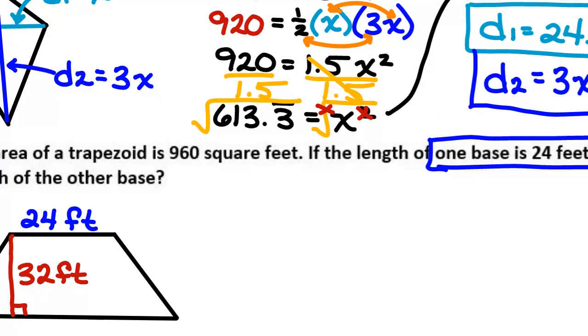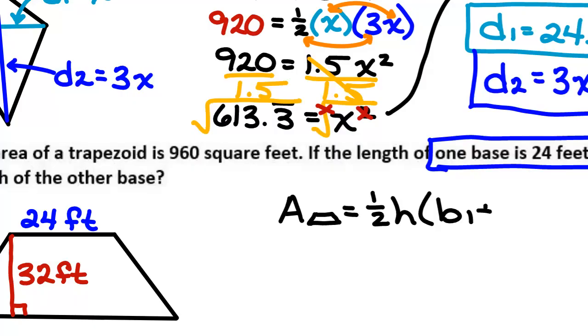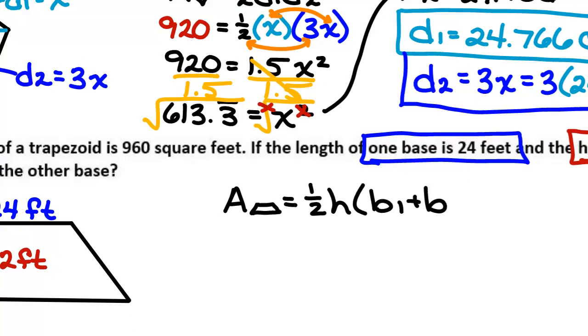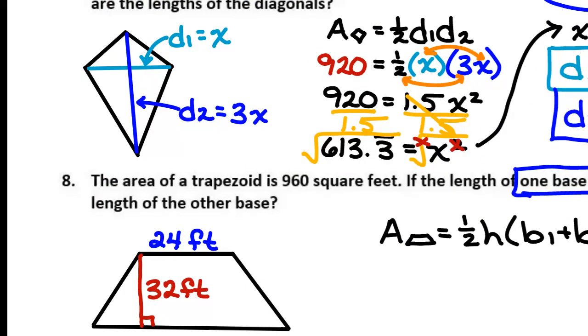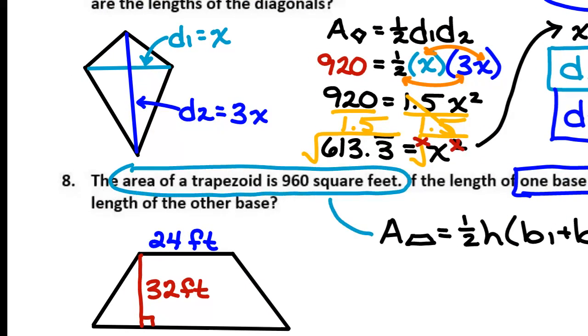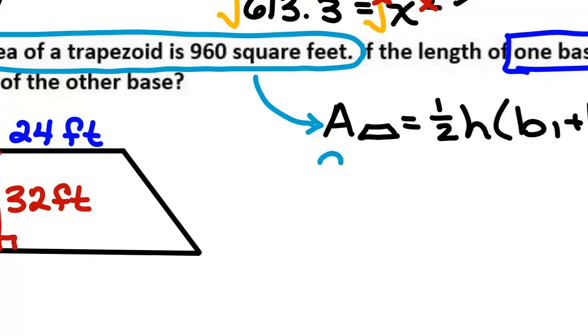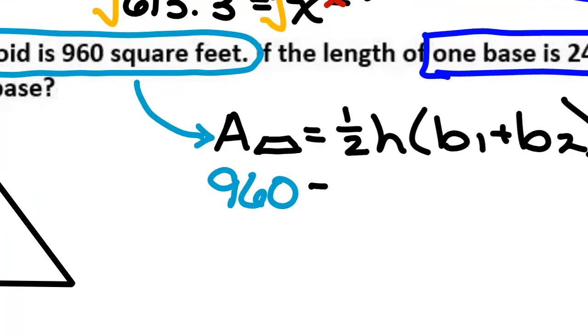Our area formula for a trapezoid is 1/2 height times base 1 plus base 2. So we're going to take the area of the trapezoid, 960 square feet. We're going to put that in the place of A, equals 1/2.